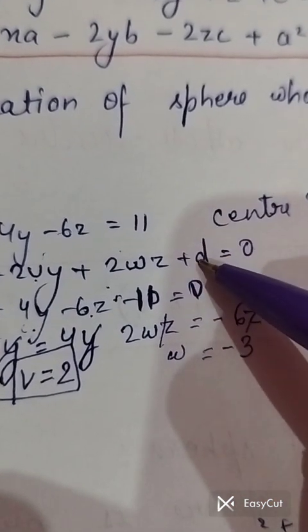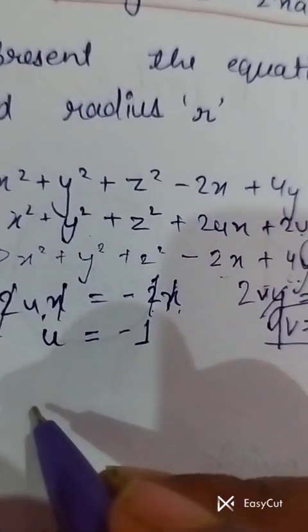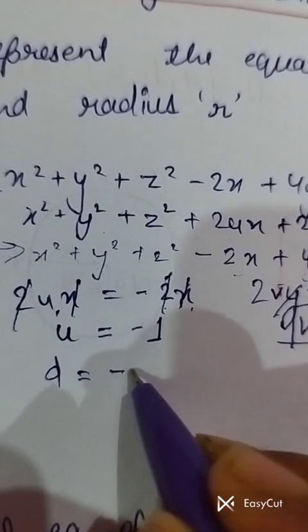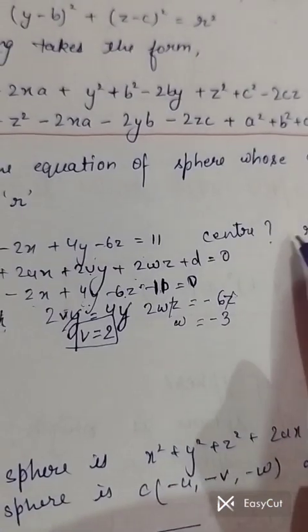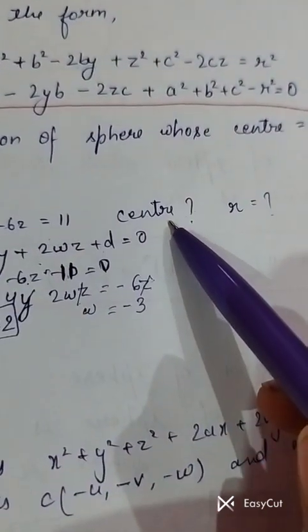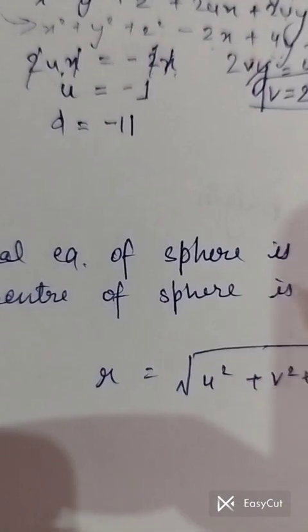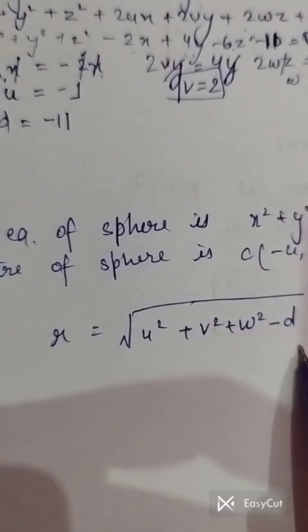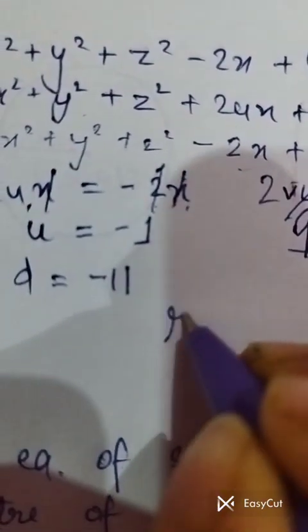Now we can clearly see the value for d is minus 11. But in the question we have to find the coordinates of the center point and the radius. So for the radius we have seen this formula, so we will put these values in the formula.